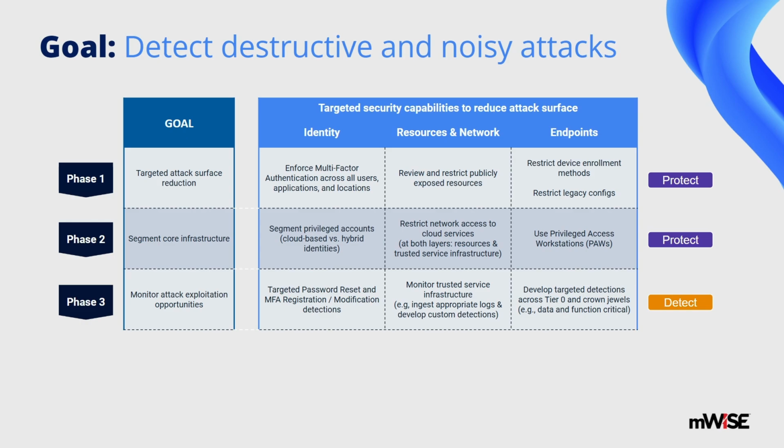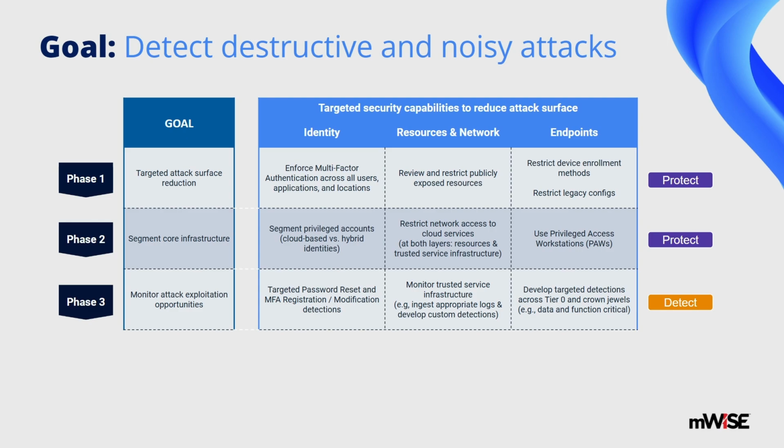Across your resources and network, monitoring the trusted service infrastructure tools. The goal is to break the inherent trust that we have in our security tools and account for them as part of our log ingestion and detection capabilities. And across our endpoints, building detections across systems that we care about the most. If we're building PAWs in phase 2, then we better know and have visibility into each action performed on these systems.